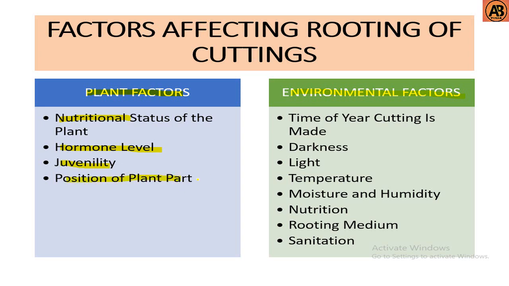Then environmental factors. Environmental factors include time of year the cutting is made, darkness, light, temperature, moisture and humidity, nutrition, rooting medium and sanitation. So this is all about cuttings.